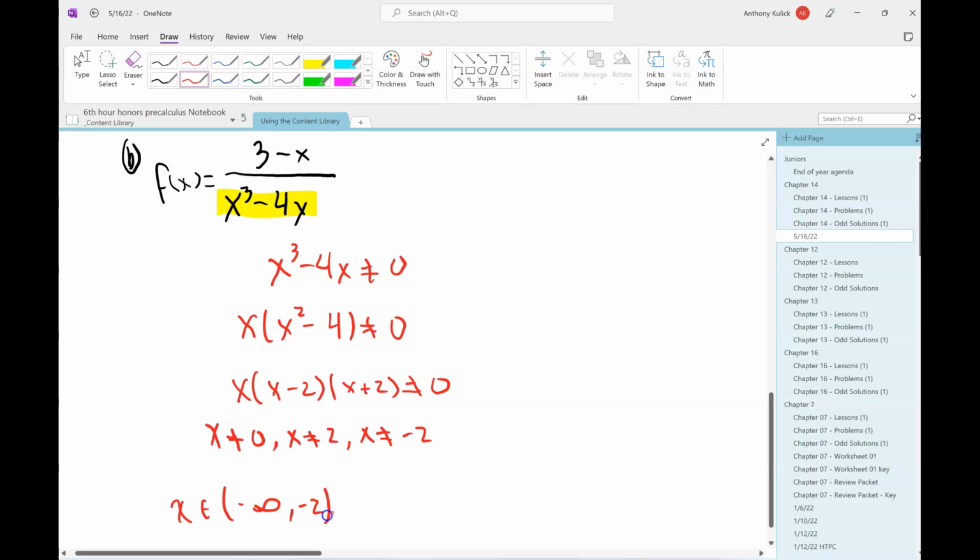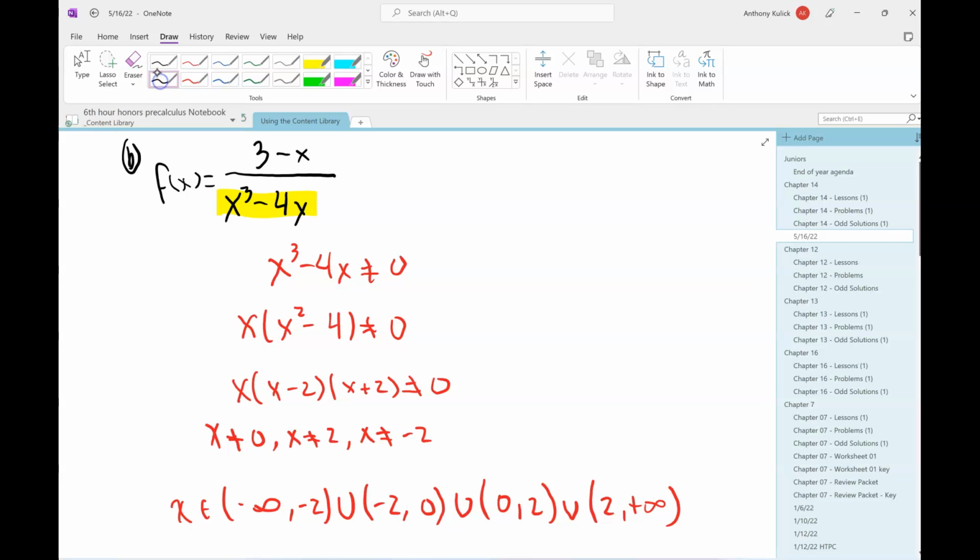I'll do negative infinity to the smallest, union the smallest to the middle, union middle to the biggest, union biggest to positive infinity. Does that feel okay with you guys? The big thing when you're writing your intervals is to make sure you're writing things in the right order, right? You go small to big all the way through. Everything is covered except for those 3 values in which you know that you get a 0 denominator.